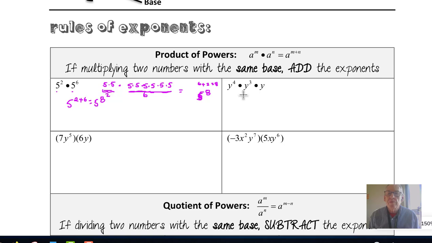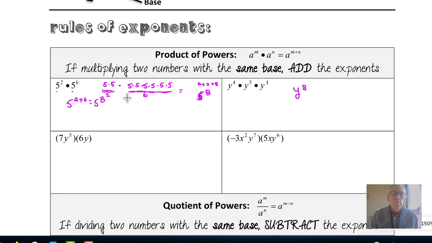Let's look here at this example. We've got 4 y's, another 3 y's, and another y. So we have to know that if there's no exponent, it's the same thing as a 1. So total we have 4, 5, 6, 7, 8 y's. So y to the 8th is going to be the simplified form there.